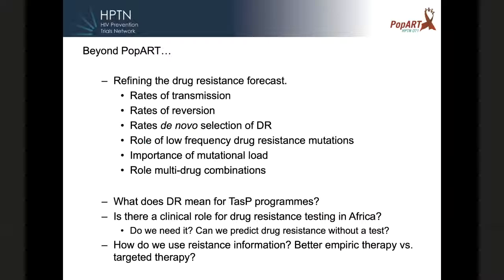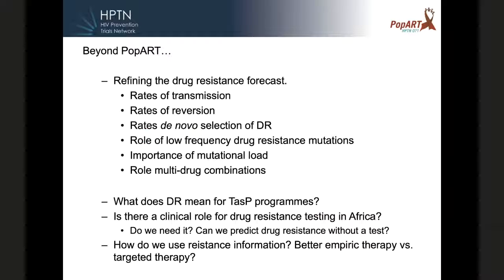And I think that it's important to keep this in the context of treatment as a means of preventing new infections, and what that means for the future of this strategy for preventing incidence on a community level.